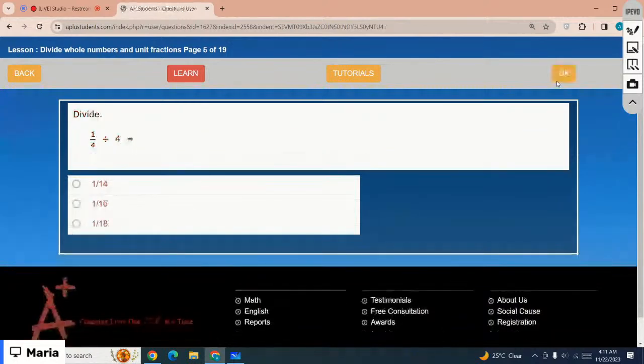Okay, the next one is divide 1 over 4 divided by 4, which is the correct option? Yes, the correct option is 1 over 16, right?